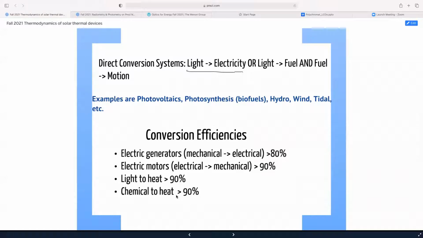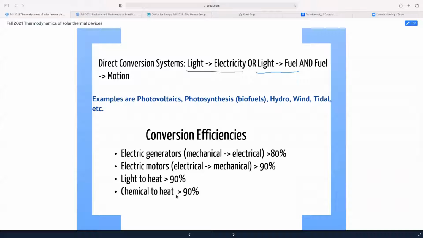You can also think about it from light to fuel, which is photosynthesis. There are some biofuels where you use bacteria or something like that to convert sunlight. Algae is a good example. It converts sunlight into some sort of fuel that you can extract oil from.